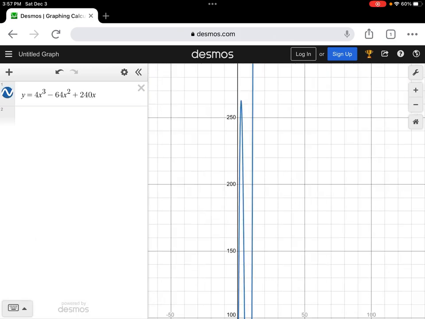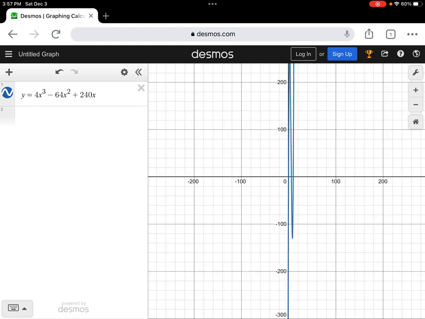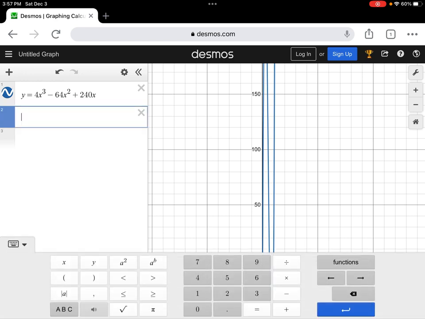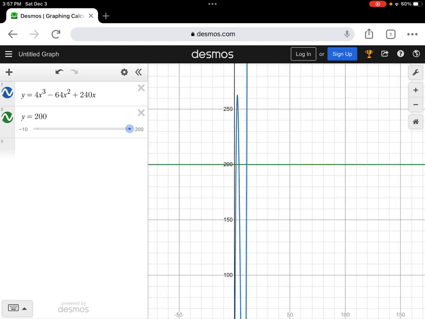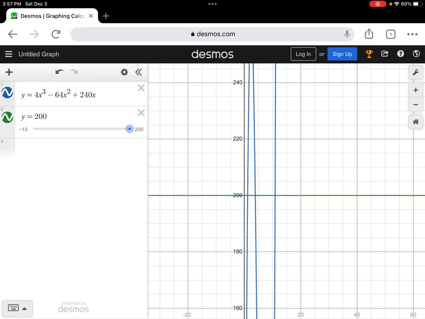All right, so let's zoom to where this makes sense. So it's kind of got this snake motion going on, but it's very steep because those numbers are so big. But I'm also going to add in this function y equals 200 so I can kind of see what's going on here. So the blue is our actual function, and this line is just going to help us see this intersection.